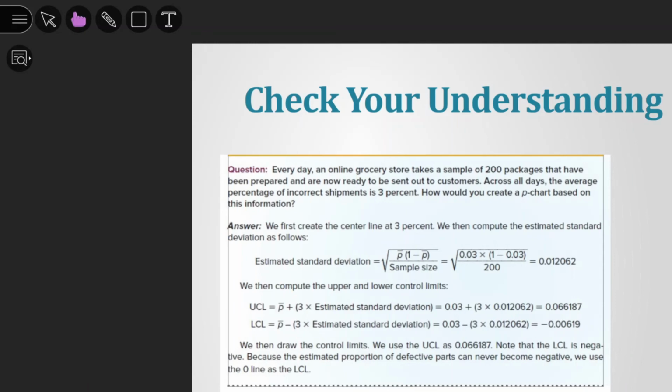Make sure that you read it and understand how to do it, and pay attention to the fact that even though they ran the test for 50 days and were weighing the parts during those 50 days, the sample size was 10. And 10 is the number that goes in the square root when you calculate estimated standard deviation of X bar.